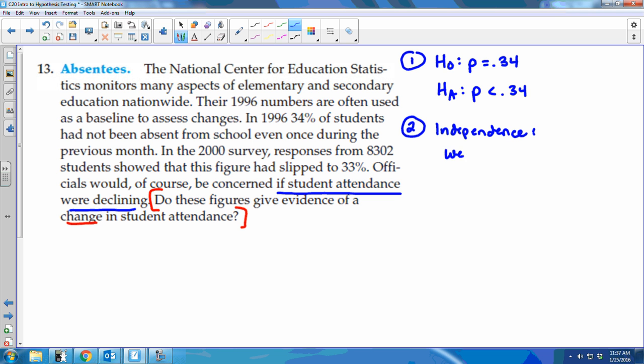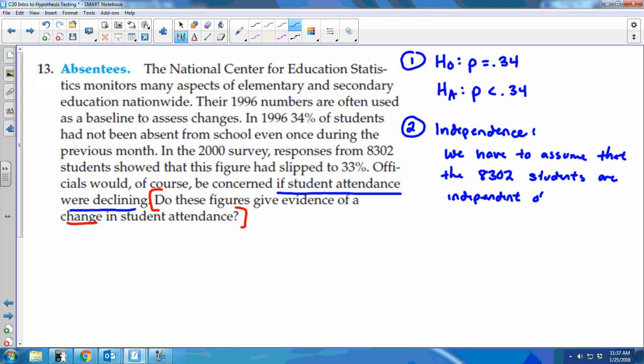So we have to assume that the 8,302 students are independent of one another. We're assuming that, so we back that up with two conditions. So what's the first condition we back up the independence assumption with?